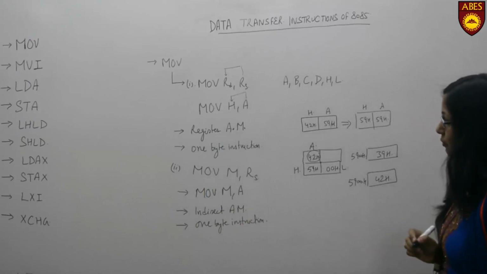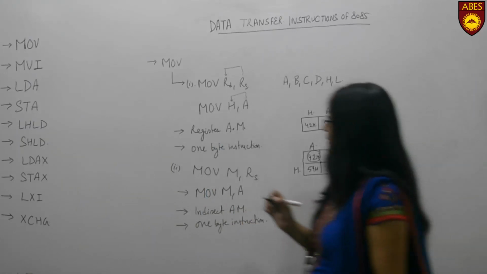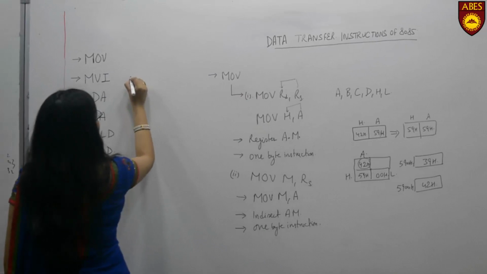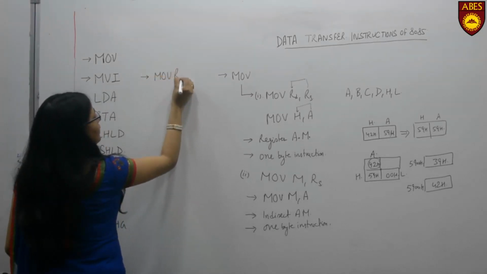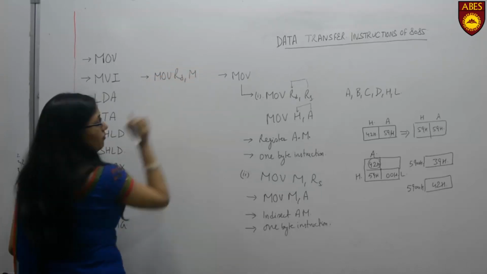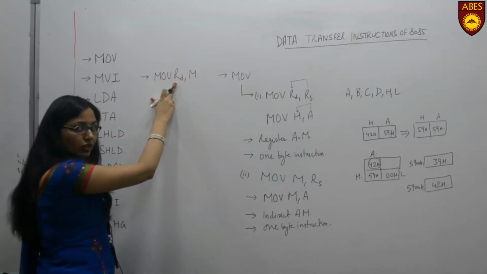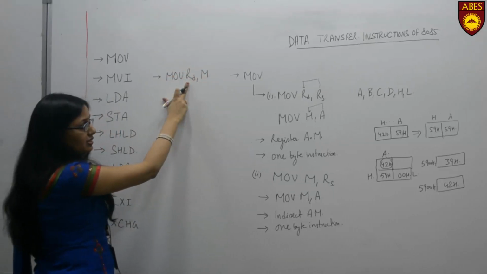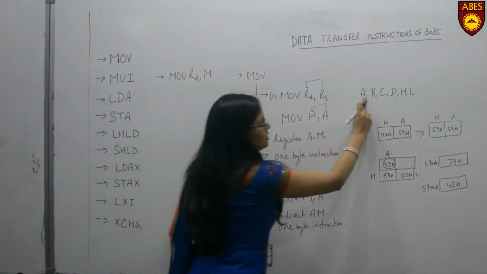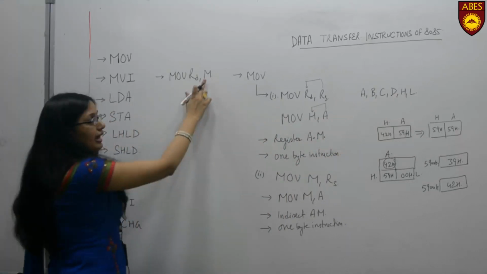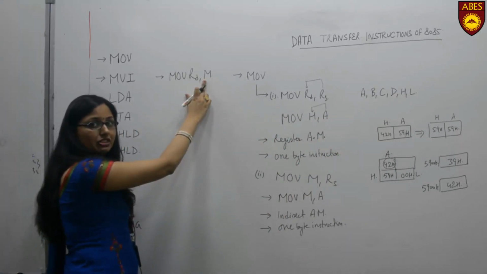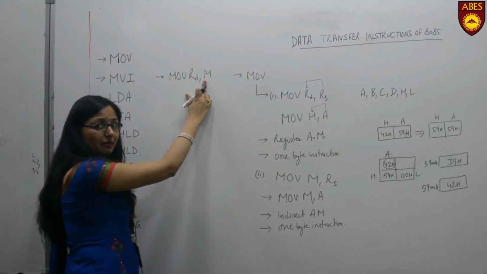Now the third type of move instruction is MOV Rd, M. What is Rd? Rd is your destination register, which is any of the registers A, B, C, D, H and L. These are 8-bit registers. And M is the content of the memory location pointed to by the HL register pair.